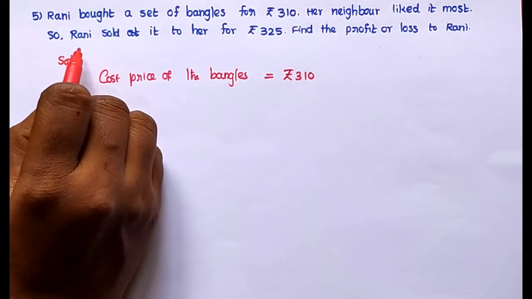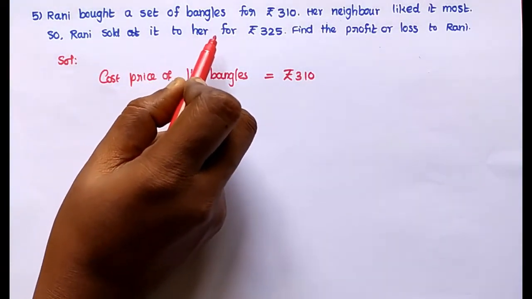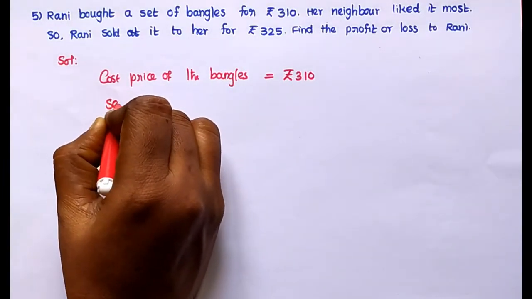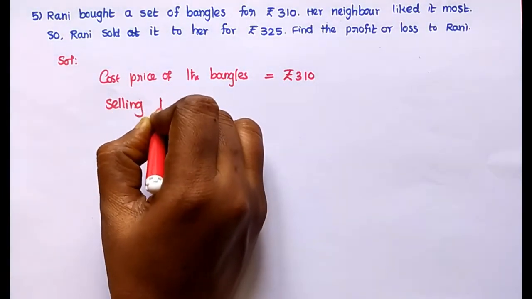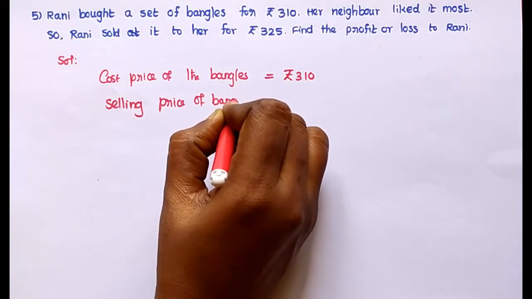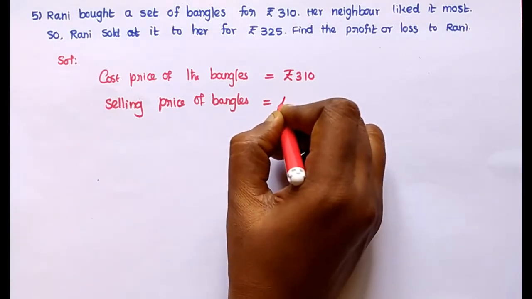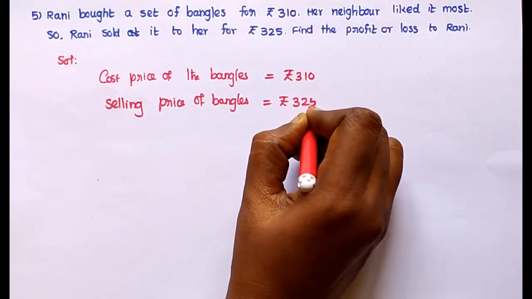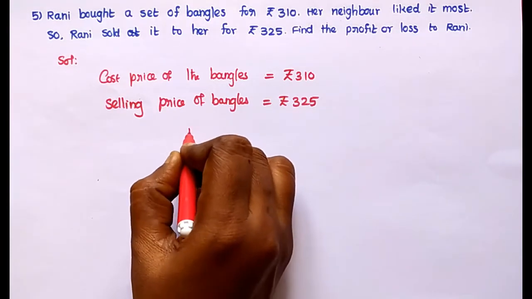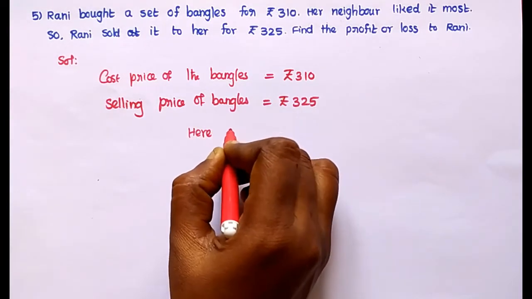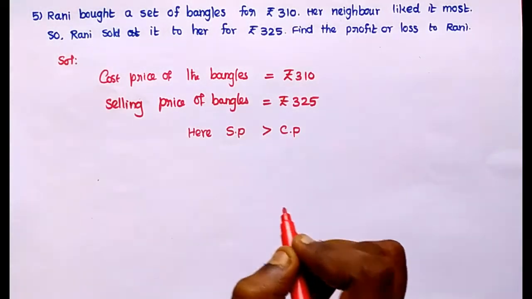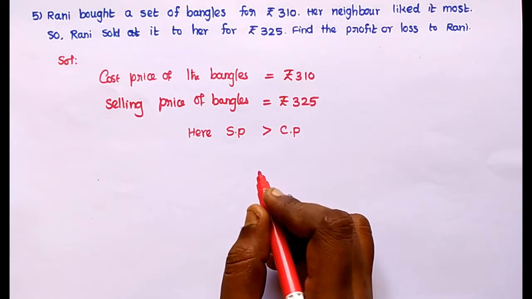And Rani sold it to her for rupees 325. So that is selling price. Here selling price is greater than cost price. So selling price is greater than cost price means what?